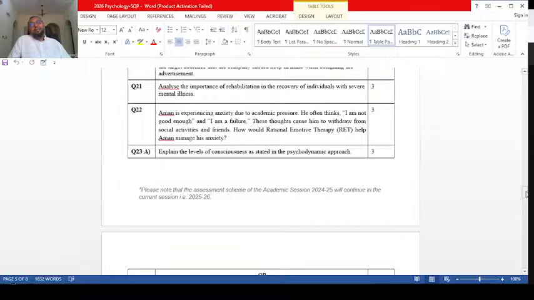Irrational beliefs and antecedent events are leading to consequences. His withdrawal is the consequence here, and his beliefs are the irrational beliefs. Both come together: irrational beliefs and the consequences. Because of the belief, you are withdrawing.